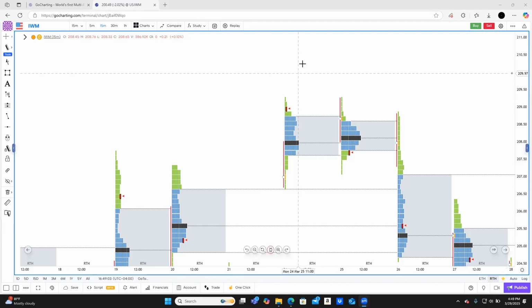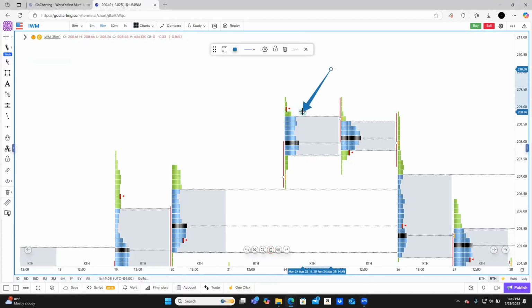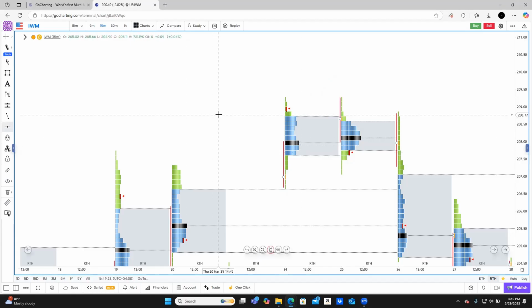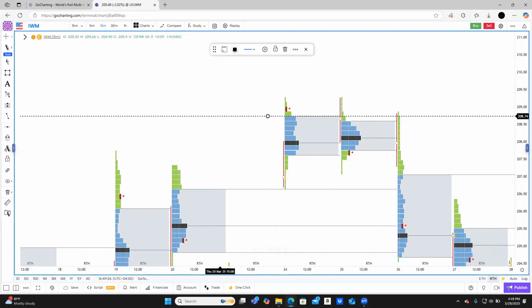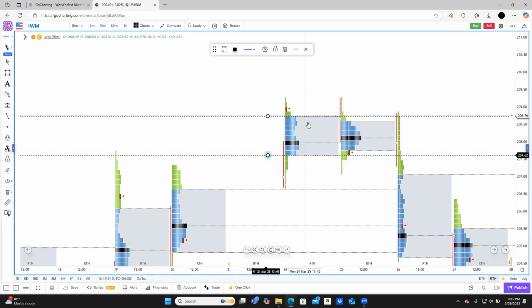So if you're looking at my chart and I want to focus on this profile here, which is Monday, March the 24th, the 70% of value is between value high here and value low here. So if I mark these roughly there and here, in between 208.74 and 207.62 is considered the 70% of value that day.